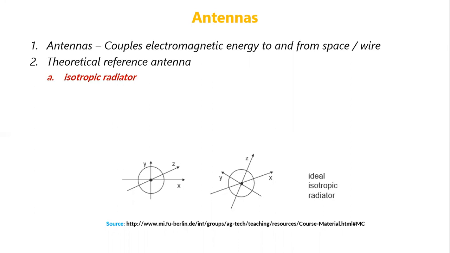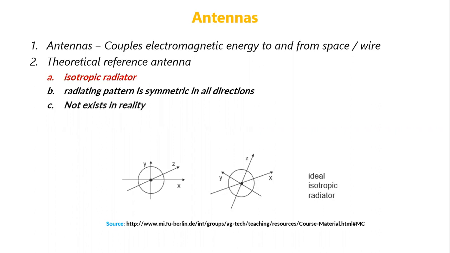Basically, this antenna will radiate symmetrically, equally in all directions. But this is not a real antenna. There is no such antenna in the real world which transmits symmetrically in all directions. So this is just a theoretical reference antenna, and it does not exist in reality.